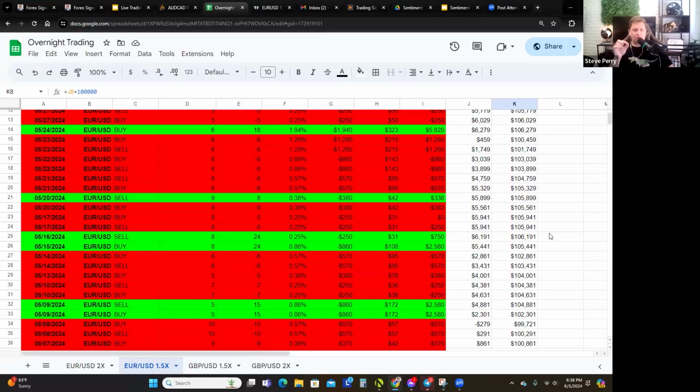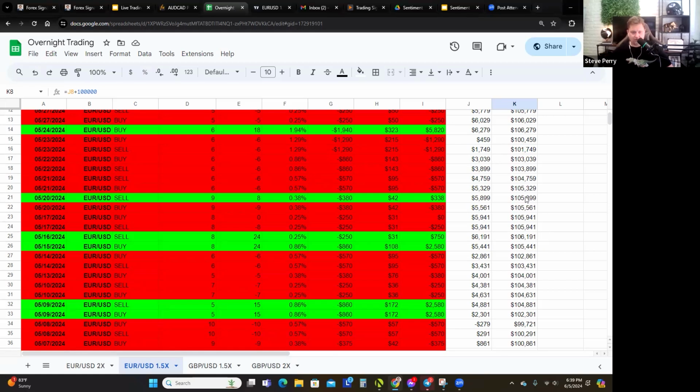This would work very well on a prop firm that does not an equity drawdown, but a balance-based drawdown. So if you find a prop firm with a balance-based drawdown rule, this would actually work very well. The worst drawdown as far as an equity drawdown goes was right here.